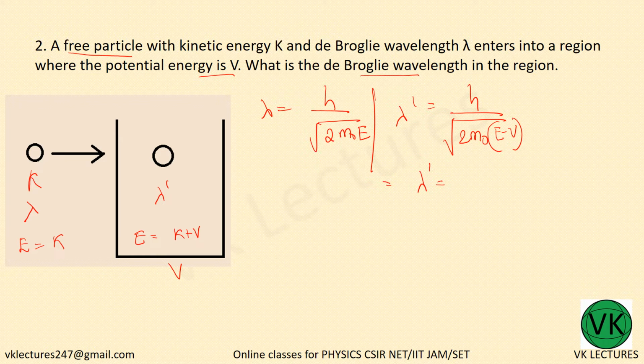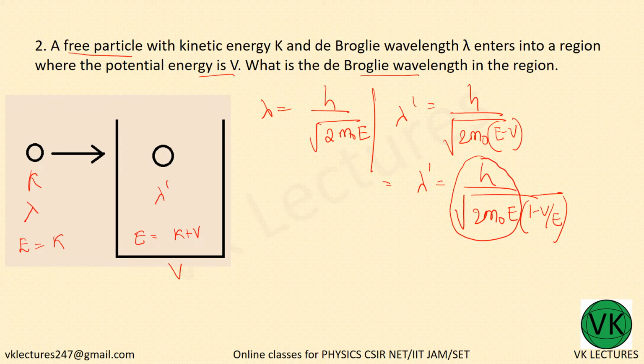So this will be h divided by the root 2 m naught E times (1 minus V divided by E). What is this particular quantity, h divided by root 2 m naught E? That is the lambda. So we can write lambda dash equal to lambda divided by under root 1 minus V by E.